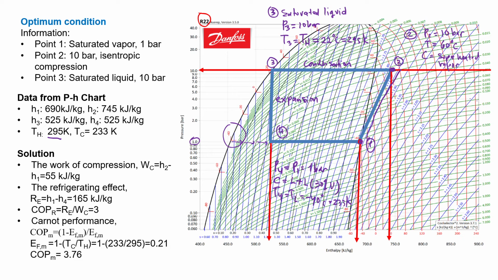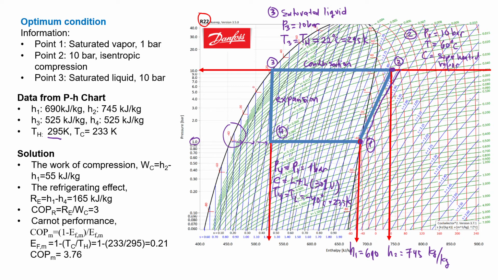Then we check the enthalpy. H1 is here, somewhere in between 650 and 700, but close to 700. So I will write it here as 690. Then H2 is pretty close to 750, but it's not 750, so I just guess it's around 745 kilojoule per kilogram.